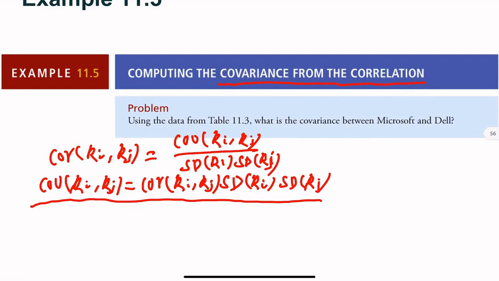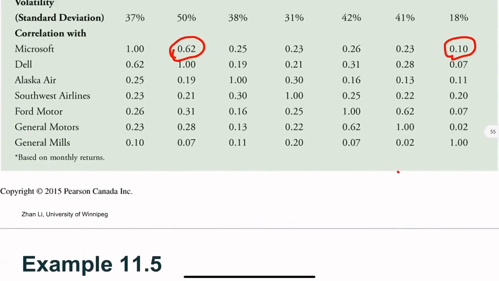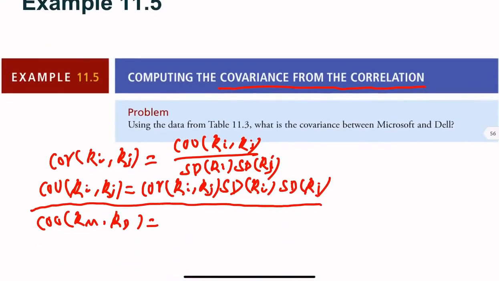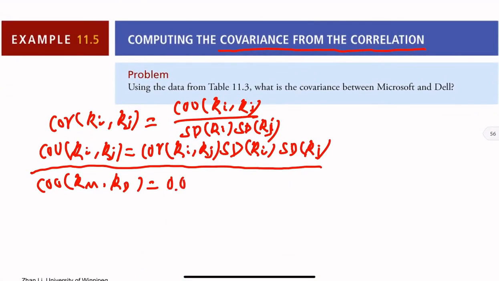Okay, now let's see how we could use this formula to find the covariance between Microsoft and Dell. The covariance of Microsoft and Dell equals their correlation, which is 0.62 here.